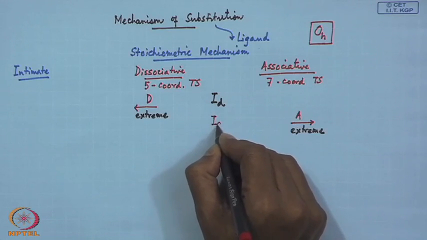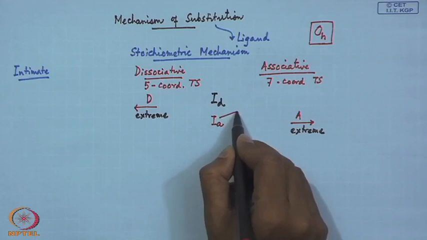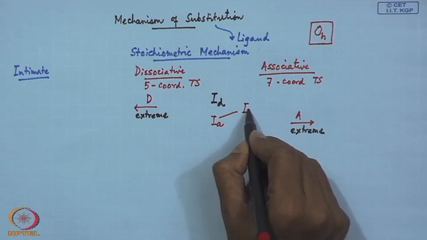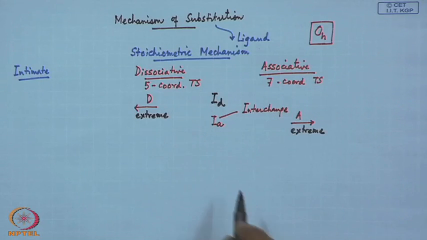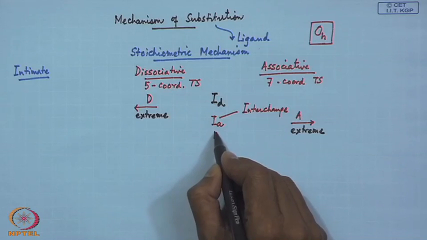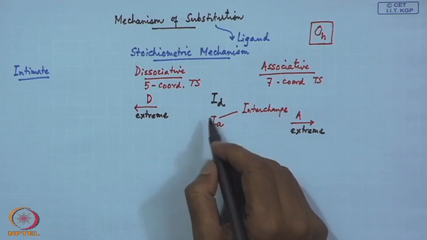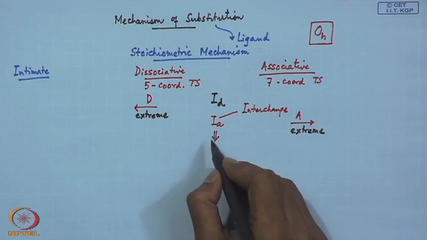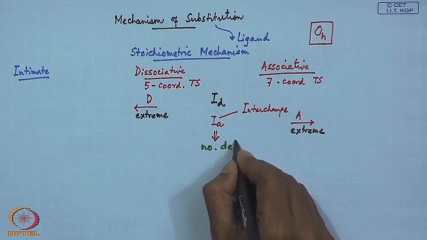So, one is I small d and the other is I small a, and this I is the interchange. In these two particular cases, the incoming ligand is presumed to assist the reaction, but no detectable intermediates appear.